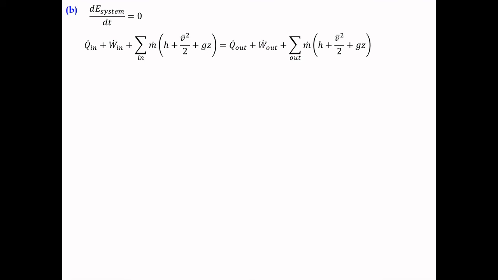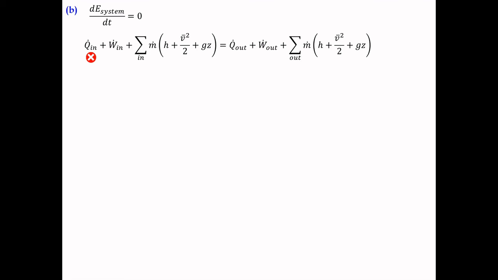Okay, next we want to answer the question. The question asks you to determine the temperature of the steam at the exit of the nozzle. So we will implement the steady flow process where dE system over dt equal to 0. So we need to analyze the energy balance equation for the nozzle based on the characteristic and also the data given in the question.